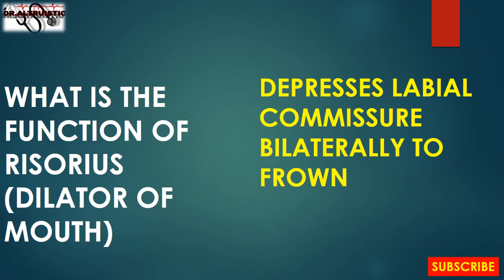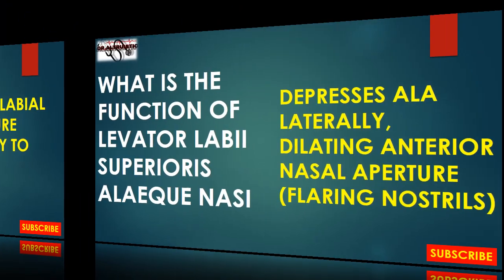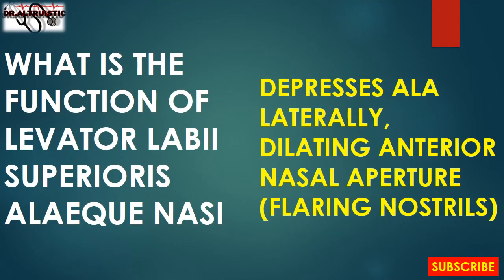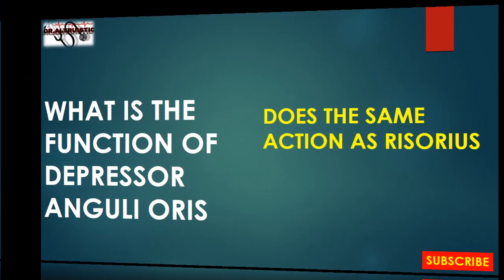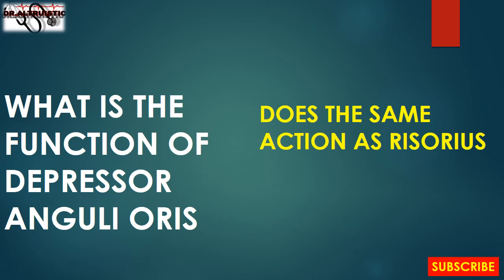What is the function of risorius, dilator of mouth? Depresses labial commissure bilaterally to frown. What is the function of levator labii superioris alaeque nasi? Dilates anterior nasal aperture, flaring nostrils. What is the function of depressor anguli oris?